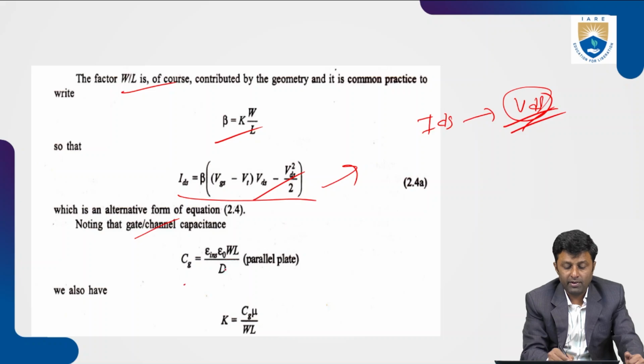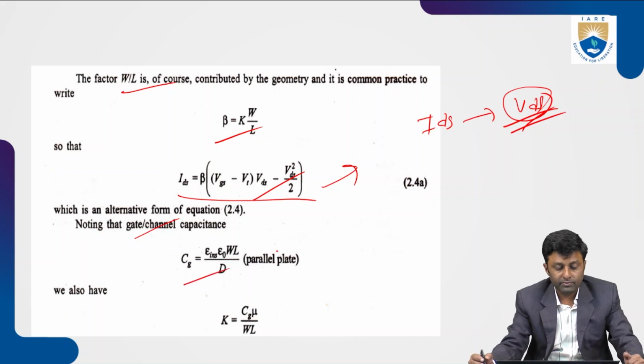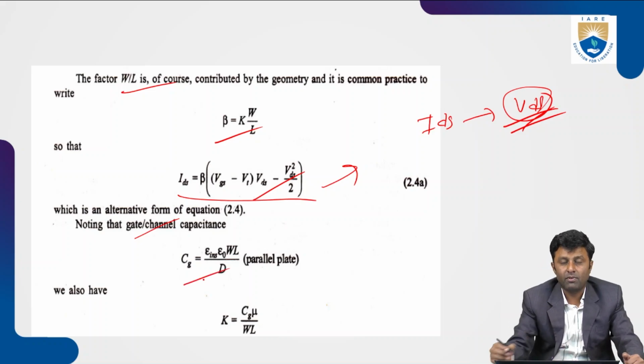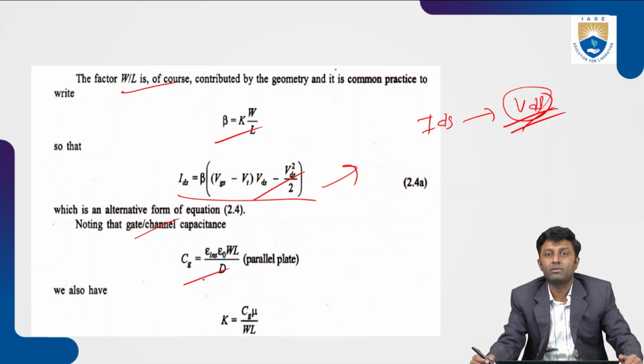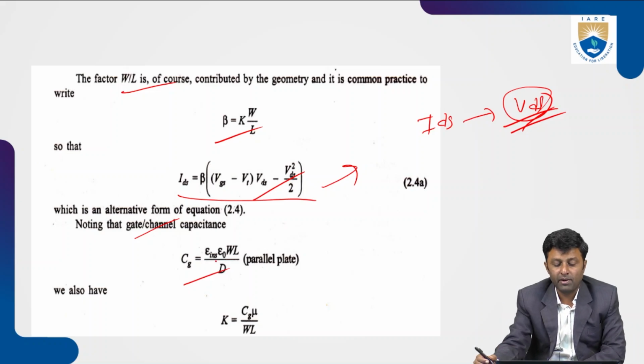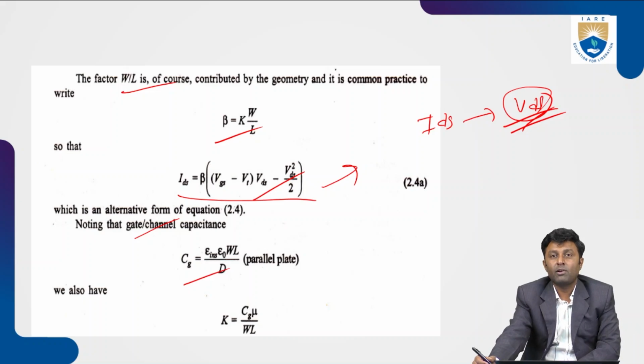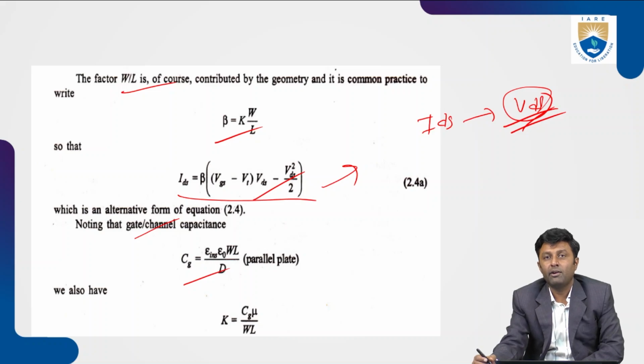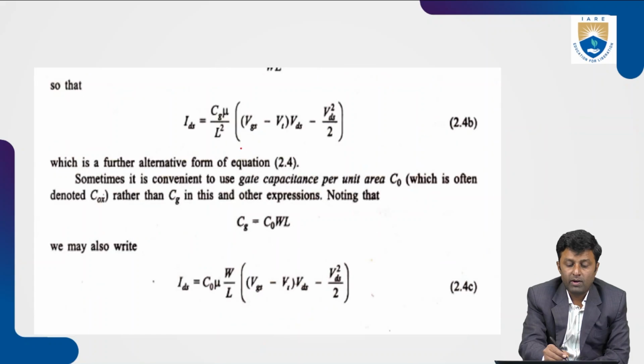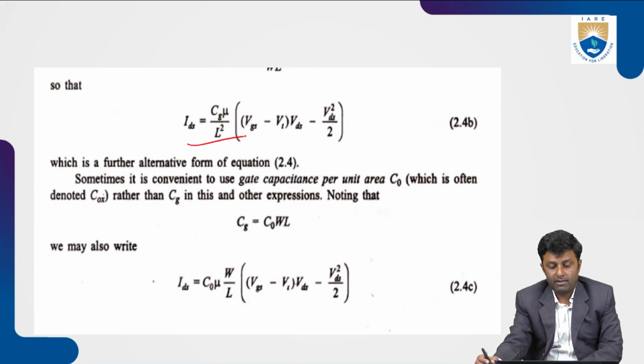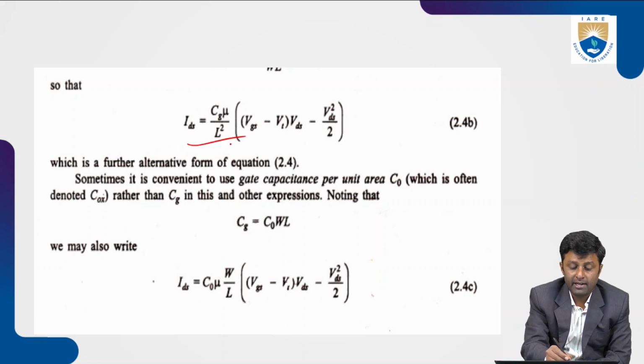Then we can use the channel capacitance also. The formula for the channel capacitance is Cg equals epsilon_ins epsilon naught WL divided by D, and here again these are constants. If we substitute the value of the gate capacitance here, we get this equation.